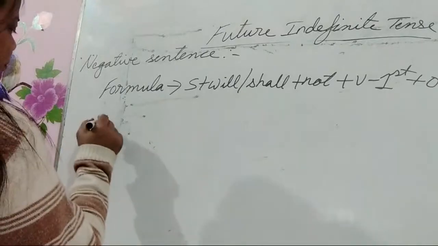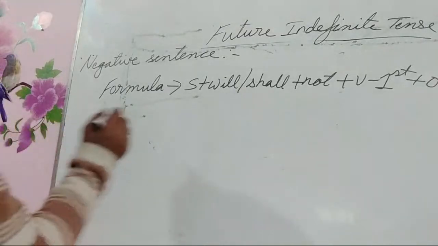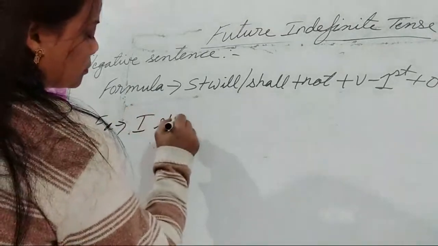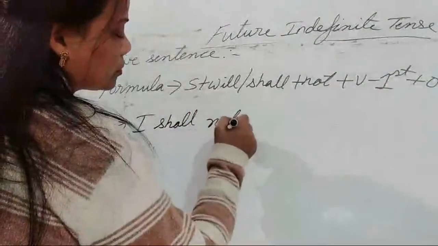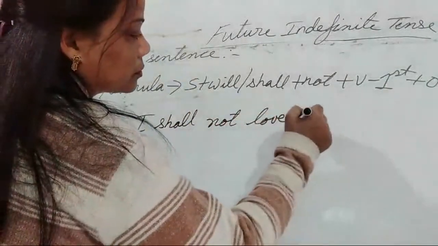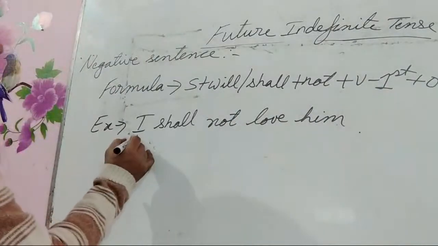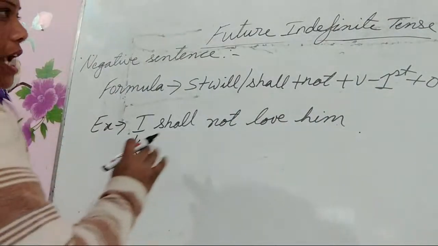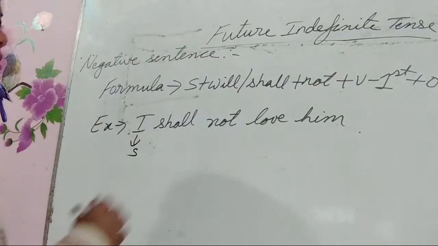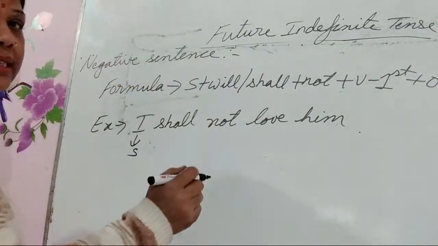The example is I shall not love him, where I is your subject, shall as it is the future tense, not as it is a negative sentence, okay?